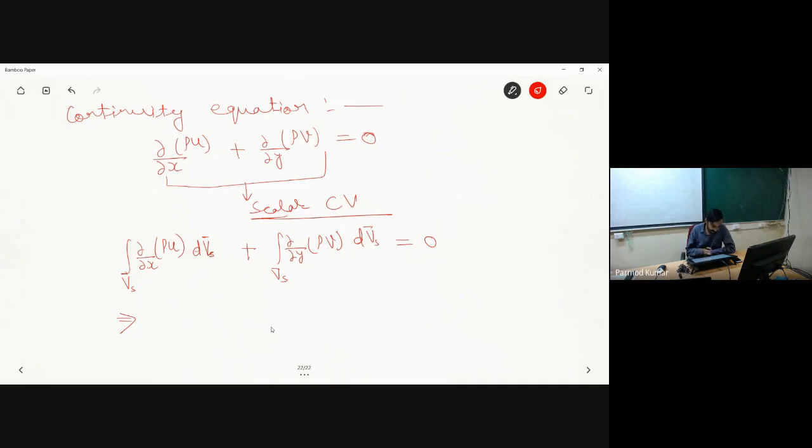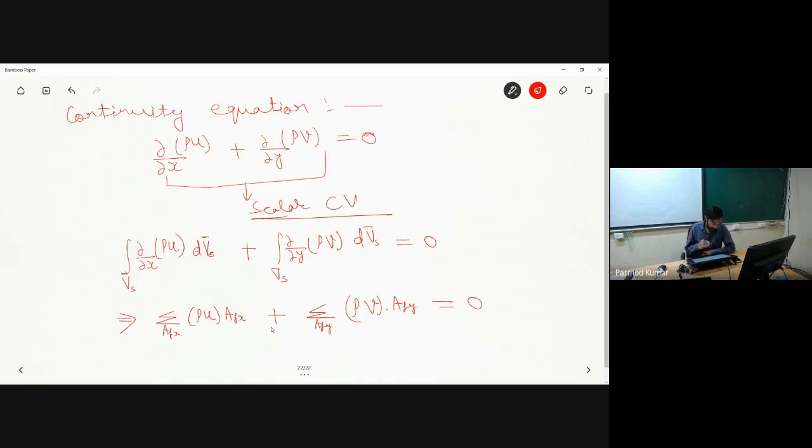After applying the Gauss divergence theorem, I will find the sum of rho u into AFX, areas in the x direction, plus the sum of rho v into AFY, considered over all surfaces along the y direction, equal to 0.